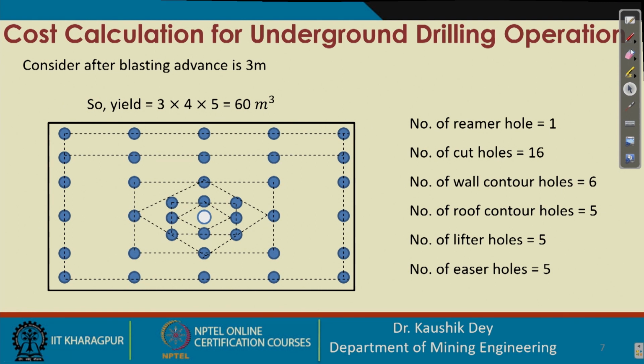It is given that there is 1 reamer hole, this is the reamer hole.